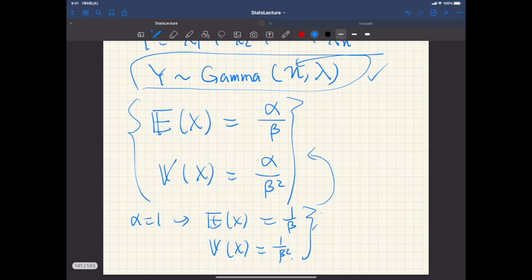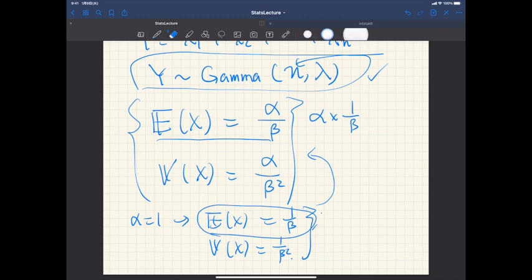So after all, the expectation value of the gamma distribution is alpha times the expectation value of the exponential distribution. And same for the variance. It's alpha times the variance of the exponential distribution.